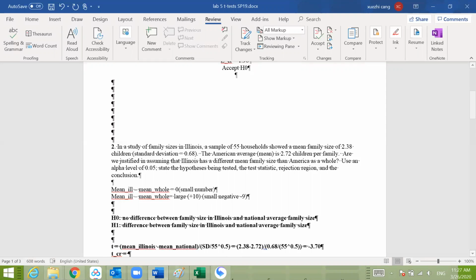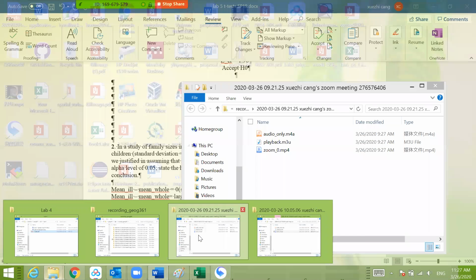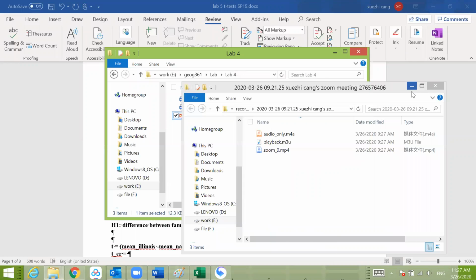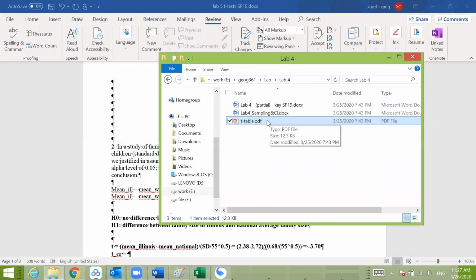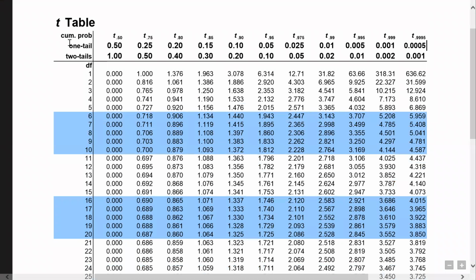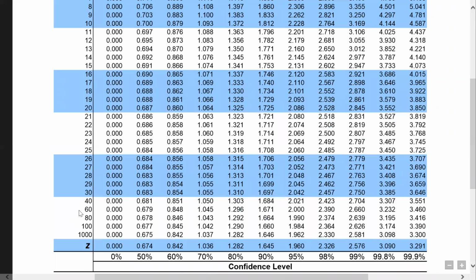Let's use our t-table. I think Professor Chen has distributed our t-table in lab 4. You can also find a t-table in your textbook, or you can use Excel to calculate the critical t-score. Okay, here is our t-table. The first column is your degree of freedom.